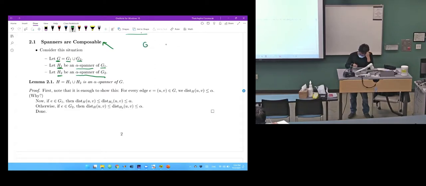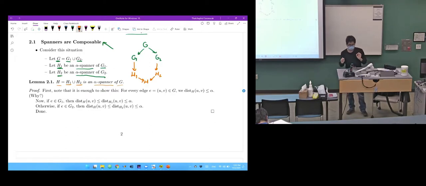You have G, and let's say you decompose it into G1 and G2, and you compute a spanner of each of these. Then the claim is that if you union the H1 and H2, this union is going to be an alpha spanner of the original graph.